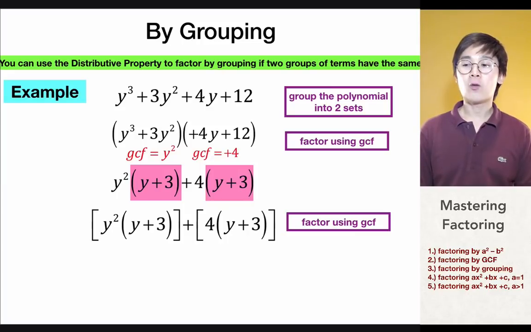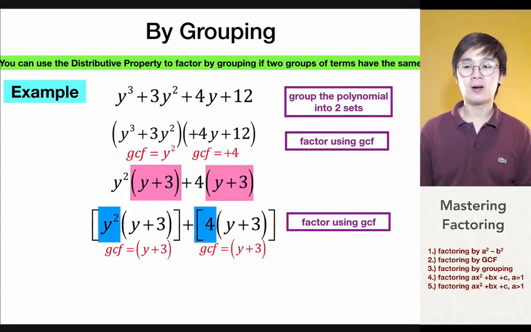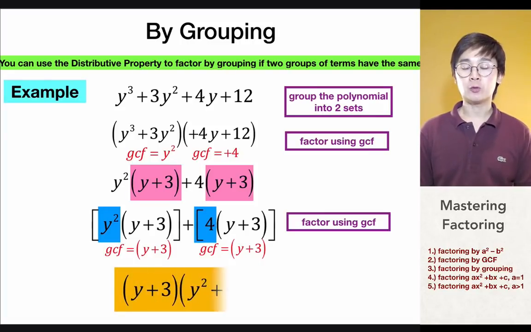So in this case, y plus 3 can be factored out of the big group, and in the big parentheses, you will be left with y squared and 4. So the completed factored form of this polynomial using factoring by grouping will be y plus 3 times y squared plus 4. So this is how we use factoring by grouping for polynomials similar to this one.